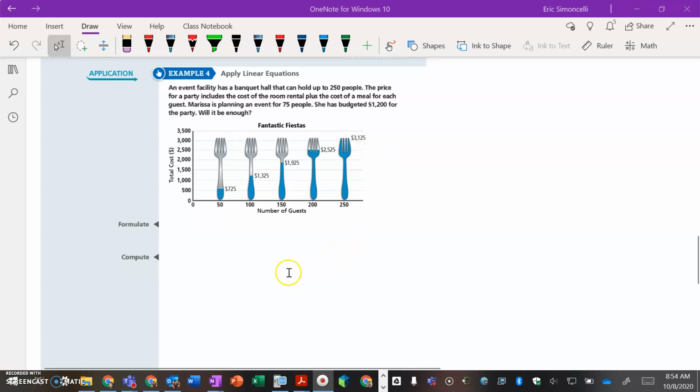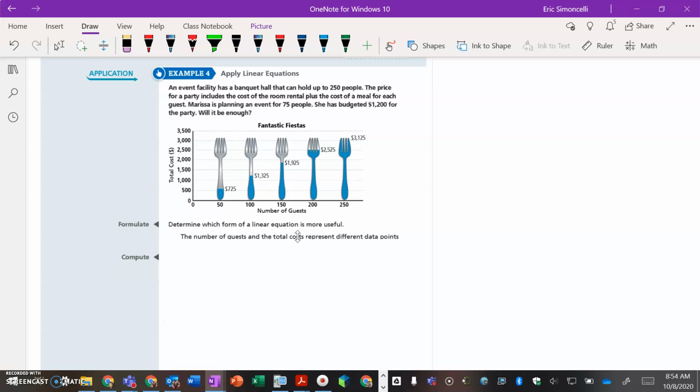We can formulate our plan by determining which form of a linear equation is more useful. There are only 2 to choose from. The number of guests and the total cost represent different data points on a line. The point-slope form, therefore, is more useful.